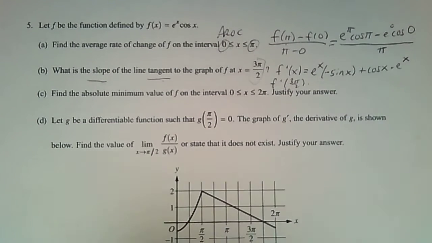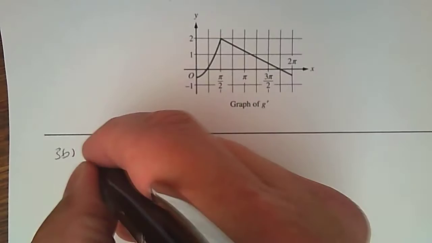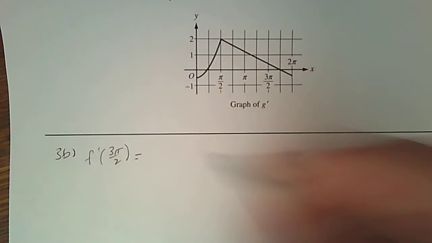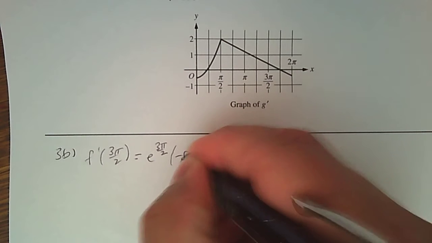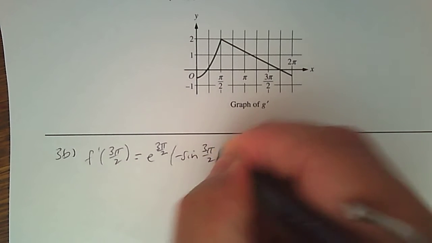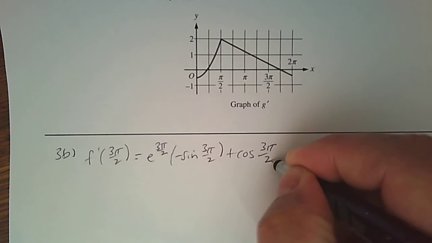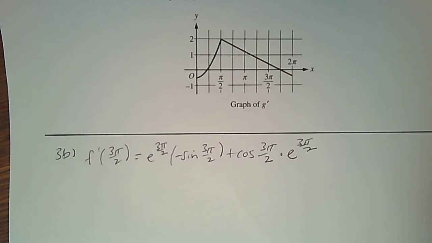I'm going to run out of room, so I'm going to do that down here. When I substitute in the derivative at 3 pi over 2, wherever there's an x, you plug in 3 pi over 2. No need to simplify. And you have your answer.